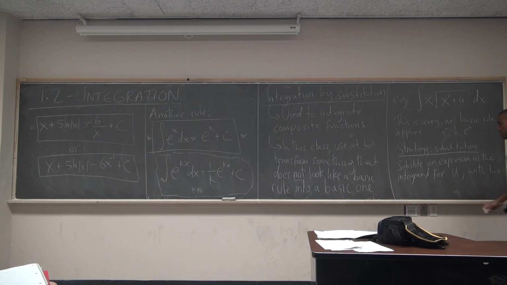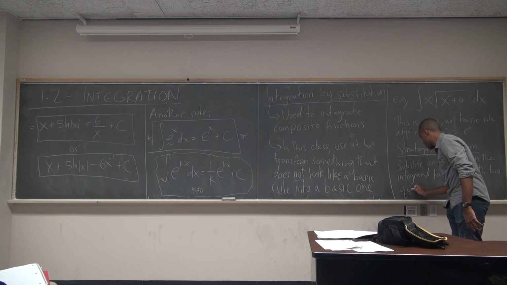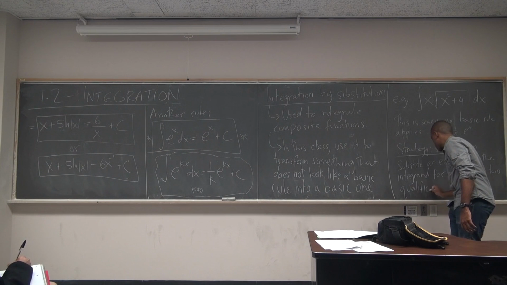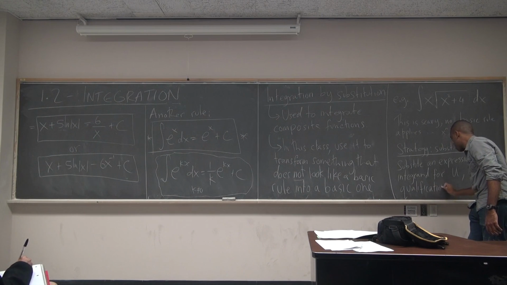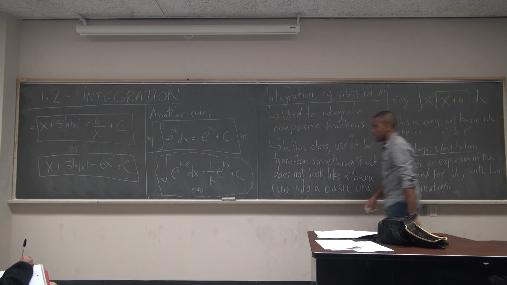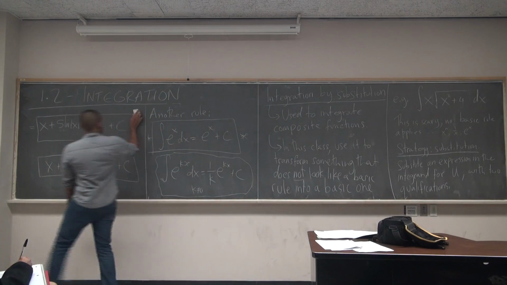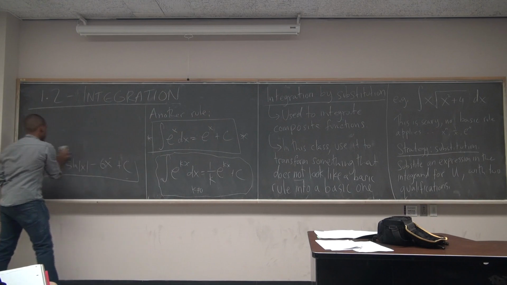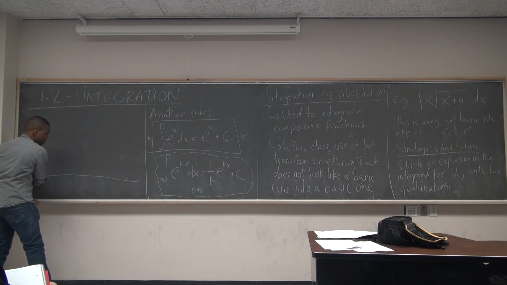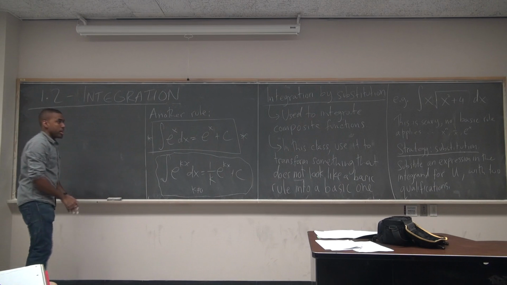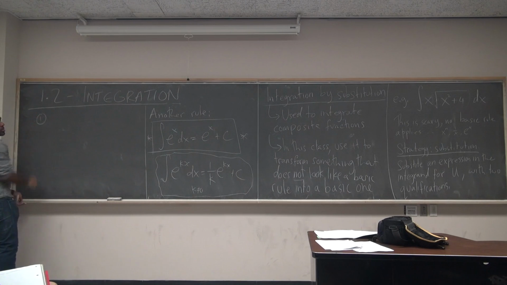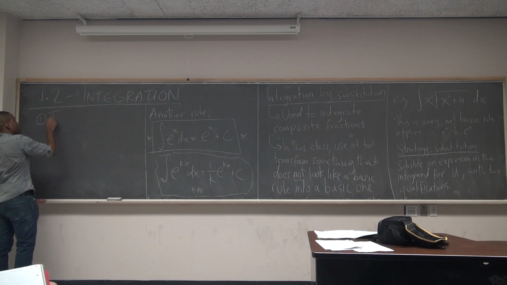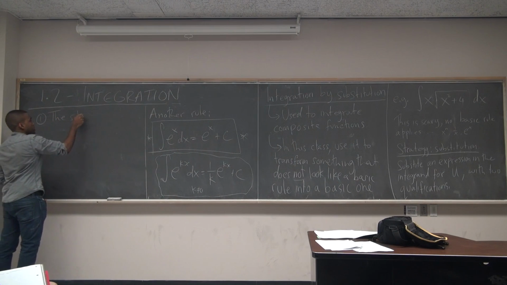With two qualifications. So I'm going to make a substitution. I'm going to replace an entire expression in this integral with the variable u. And there are two rules for how I choose my u. One, the substitution must make the function simpler.